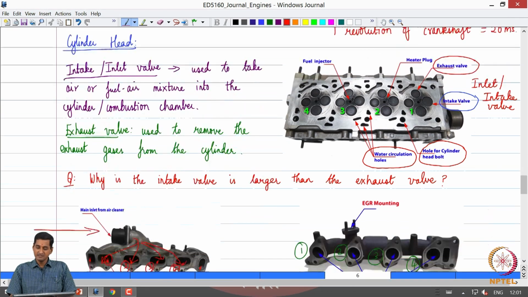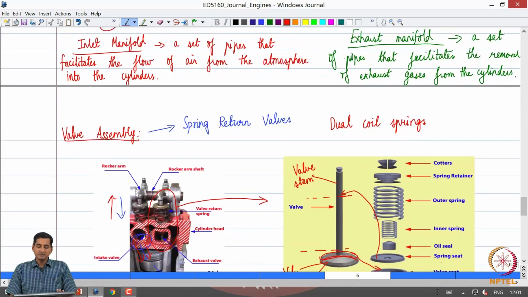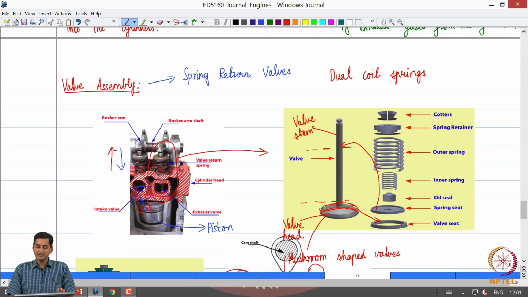after combustion. So we looked at the intake manifold and the exhaust manifold, which are nothing but mechanisms that aid in this process, and we also looked at the valve assembly, which in most automobiles is a spring return valve, wherein a dual coil spring is used to close the valve once the corresponding process is completed, either the intake or the exhaust process.